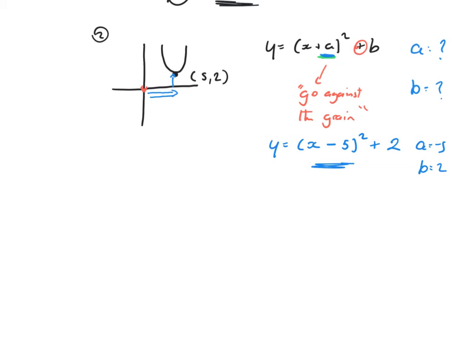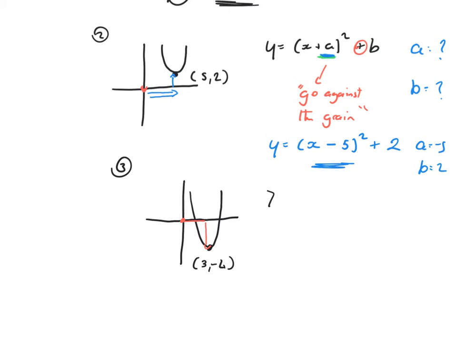Let's take a look at example 3. Okay, this time we've got a parabola and the turning point is (3, minus 4). Okay, so from starting at the origin, we've moved 3 units to the right and 4 units down to reach the turning point.